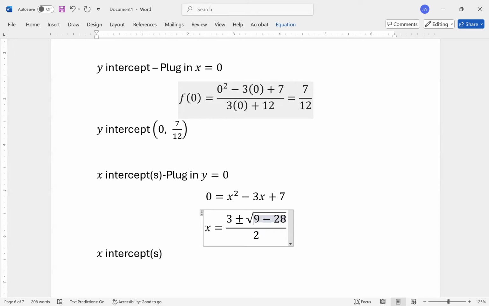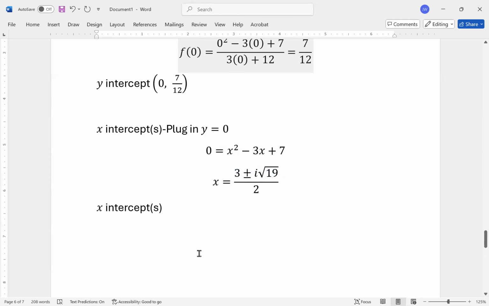9 minus 28 is -19, which means I'm getting a complex or an imaginary part to my x value solutions. That forces me to have no real number x value solutions where the output becomes 0.